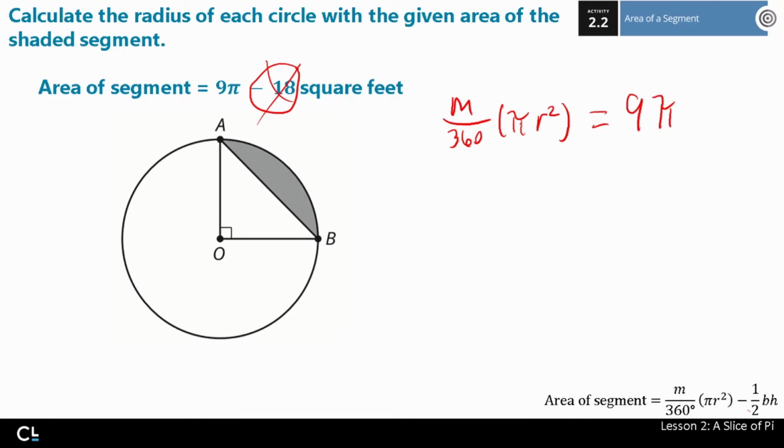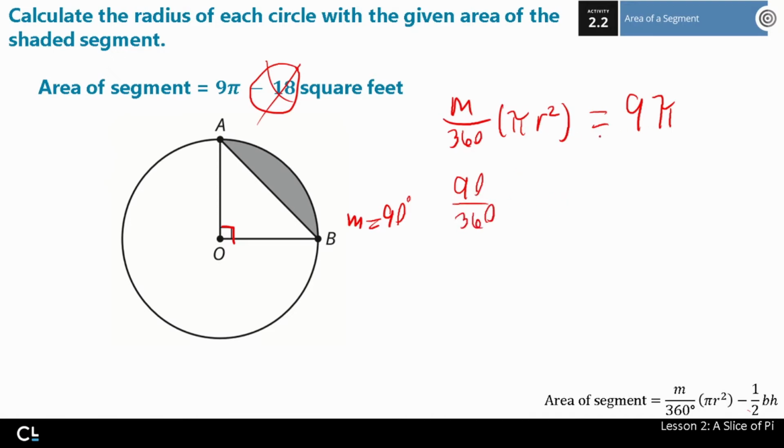And we could plug in for our variables here. Now, what variable are we looking for? We're looking for r. That should stay there, right? Now, the variable that we need to know is m, which is the measure of the angle, which is going to be 90. So m is 90 because we have a 90-degree angle there. We get 90 over 360.